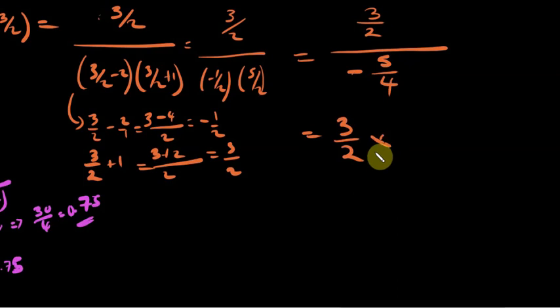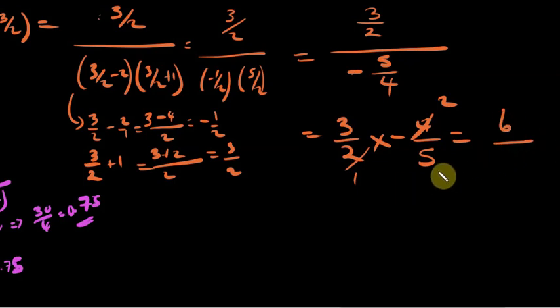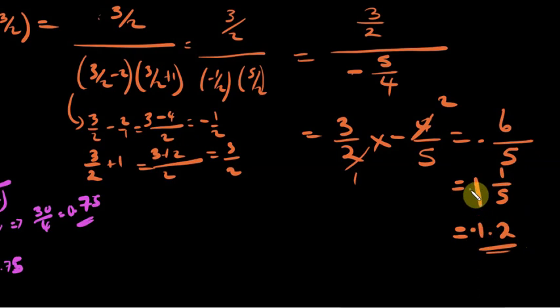So 3/2 multiplied by the reciprocal, minus 4/5, gives minus 6/5, which is minus 1.2.